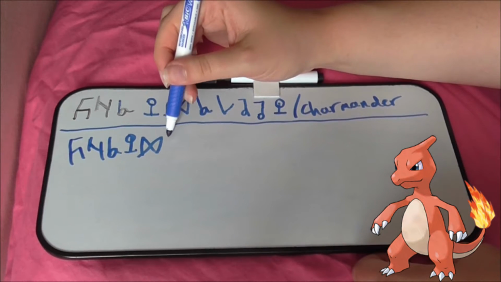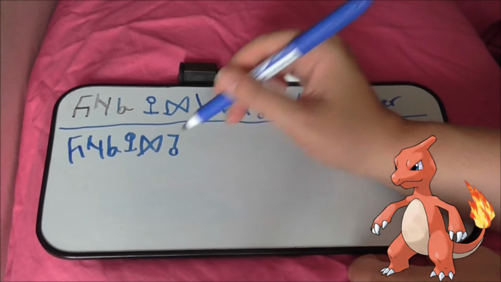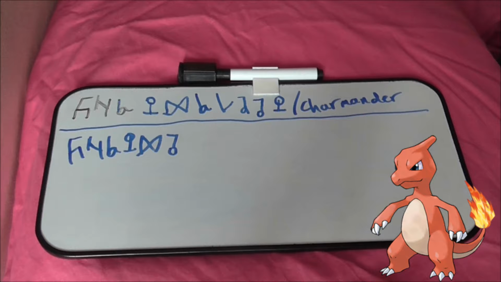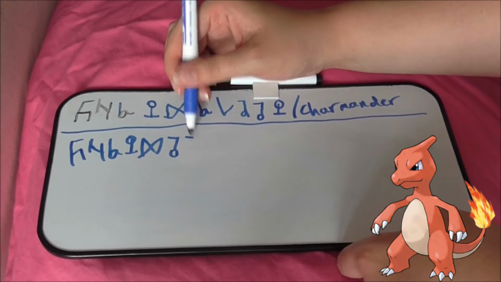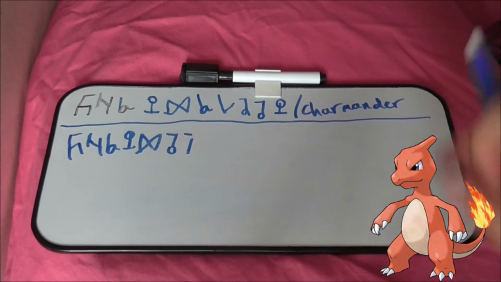So E, then a L. How many times do we see an L? Not that much, I can say, but it does appear.